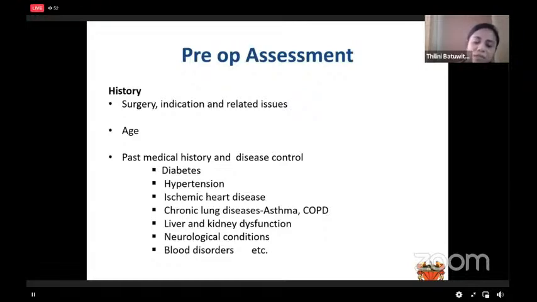And neurological conditions may not always be there, but if there is a condition, then you have to ask about that as well. If there are other medical disorders like blood disorders, let's say hemophilia, those will also affect the surgery and anesthesia. Therefore, we have to ask for them during surgery history.